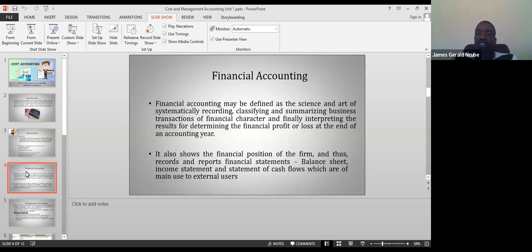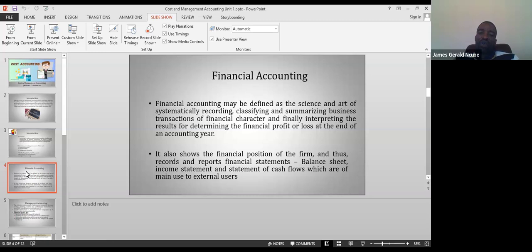That's the ultimate objective. It also shows the financial position of the firm, and thus it records and reports financial statements. You notice that with financial statements we are talking about basically the assets of the entity, the equity, and the liabilities of an entity.